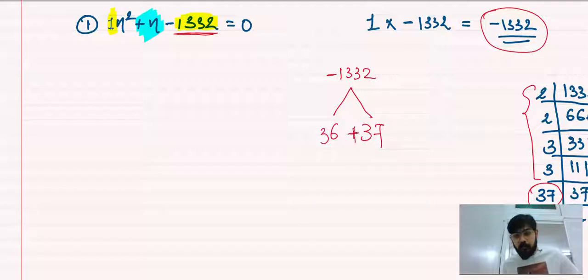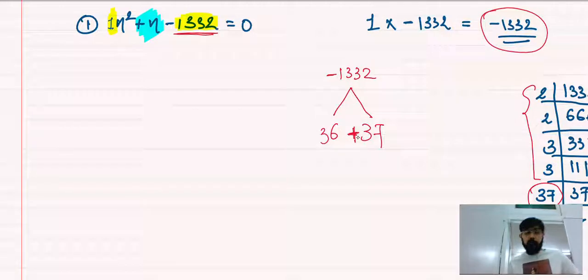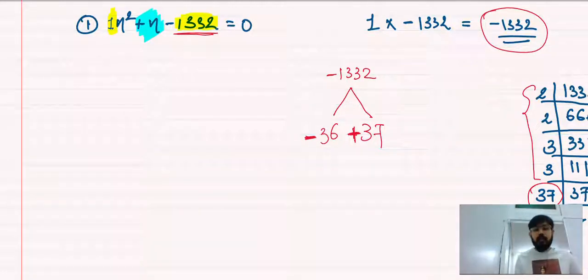The bigger number will have the sign of the coefficient of the middle term. So this 37 becomes plus. But you know that 37 has to be multiplied with a number to get minus 1332, so the other factor has to be negative.